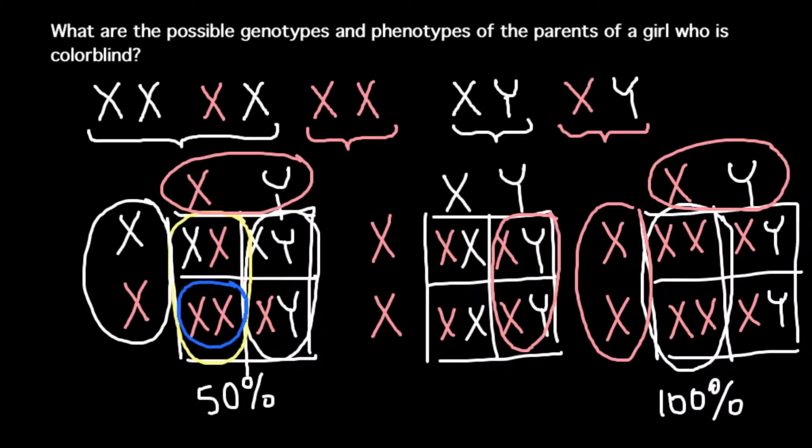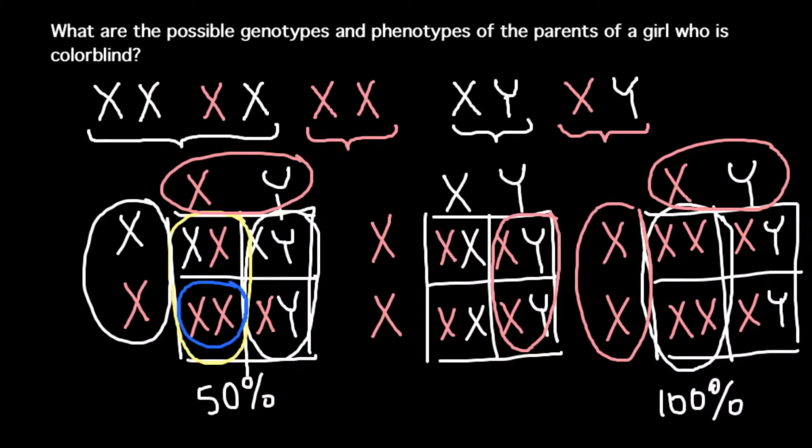All the other variants would produce phenotypically normal females in the progeny. For example, if we cross a female with this genotype with a male of this genotype, as you see, all the females are going to be carriers but wouldn't be affected, and all the males would be normal, because males get the Y chromosome from the father and not the X chromosome, and the mother has two normal X chromosomes.